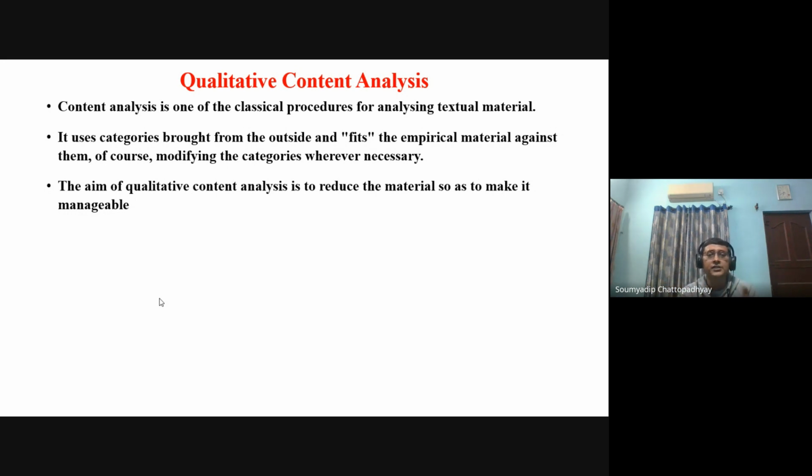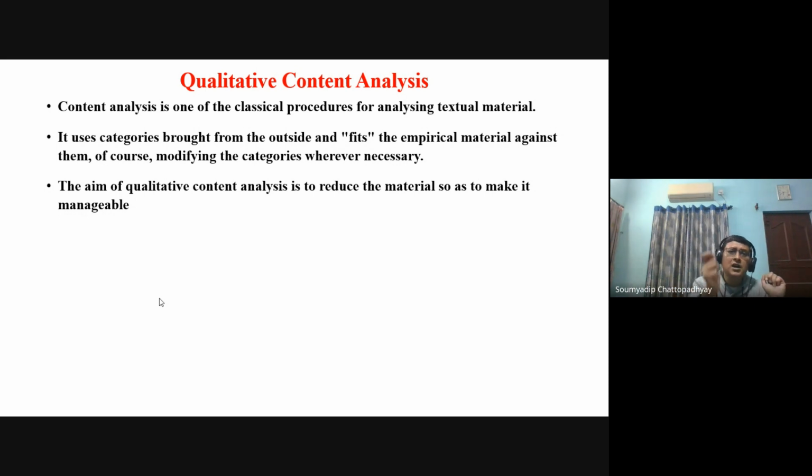Why is it different? Because in coding, you are relying on the data, and on the basis of data, you are defining or identifying certain categories. But in qualitative content analysis, your approach is just different. Here, you are not defining or identifying categories on the basis of data.